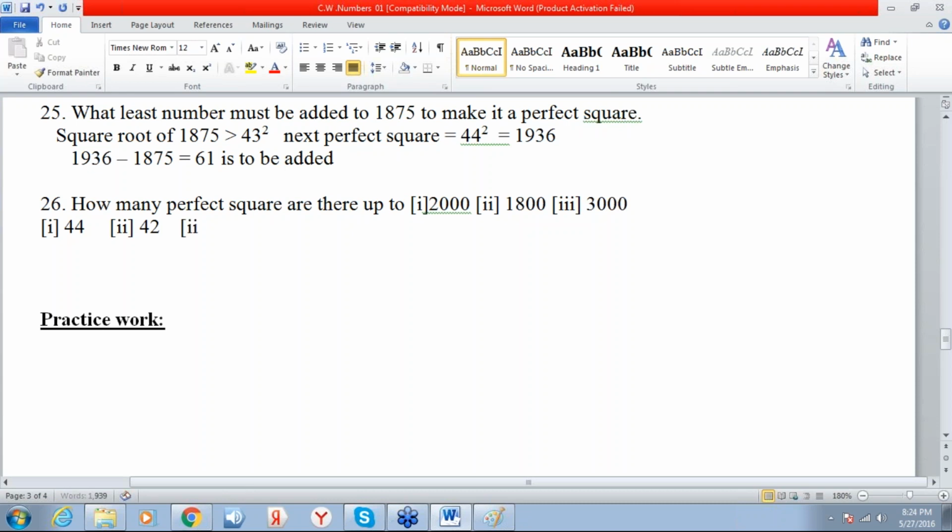And third, more than 50. 50 square is 2500, and for 3000 it is 54. So 54 perfect squares. Okay.